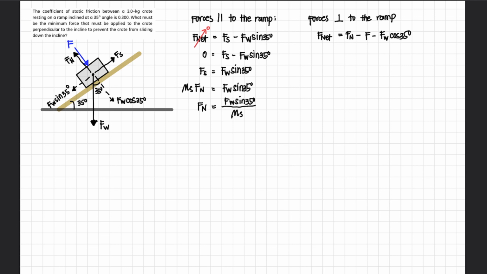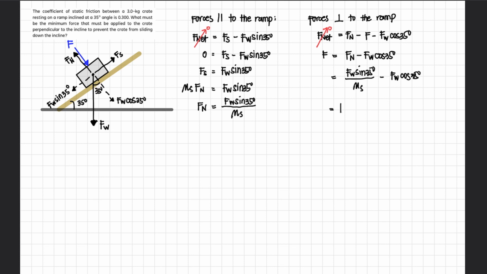But then this net force is 0. So our applied force F, which is what we are looking for, is equal to the normal force minus Fw cosine of 35 degrees. But since the normal force is equal to Fw sine of 35 degrees over μs, we substitute that.